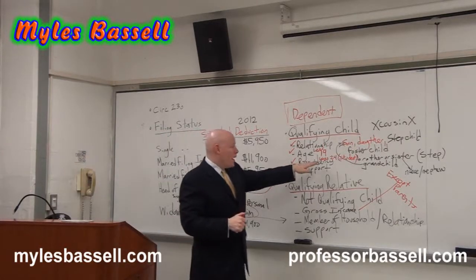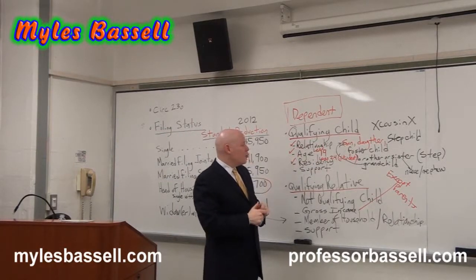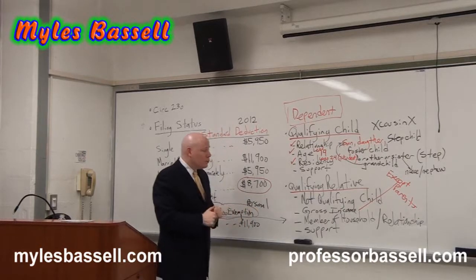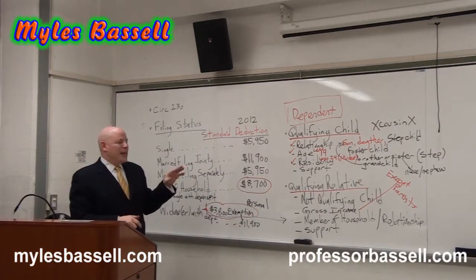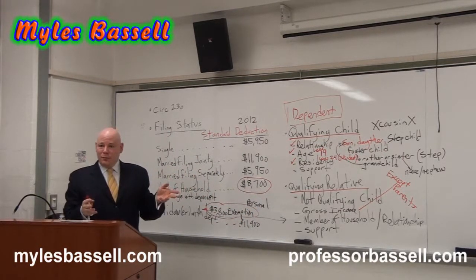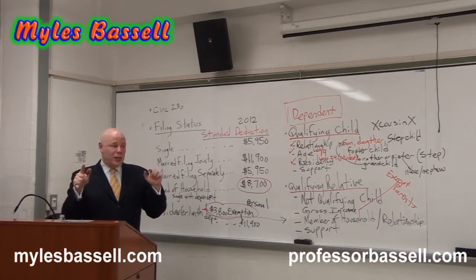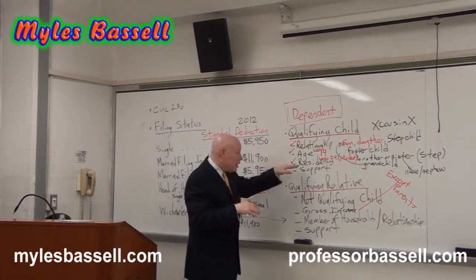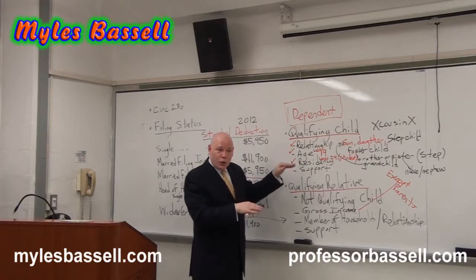And they're less than 24 years old. That's known as temporary absence. Temporary absence. Do they live in our household?